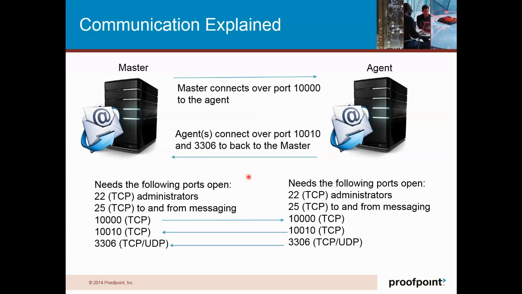Those ports again, you can see that port 10,000 is going to go over and communicate to the agent, and the agent is going to communicate back using 10,010 back to the master. Please take note that on 3306, it is TCP and UDP traffic.